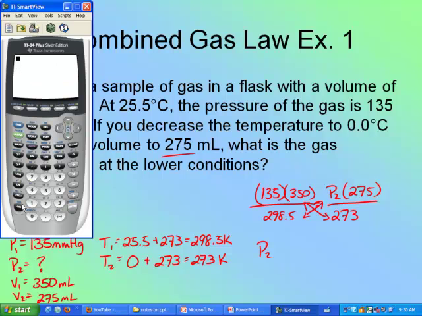Get rid of my previous calculations. So I type in 135 times 350 times 273, because I'm cross multiplying, divided by this, where parentheses are my friend, 298.5 times 275. Hit enter, and I get 157.1 millimeters of mercury.